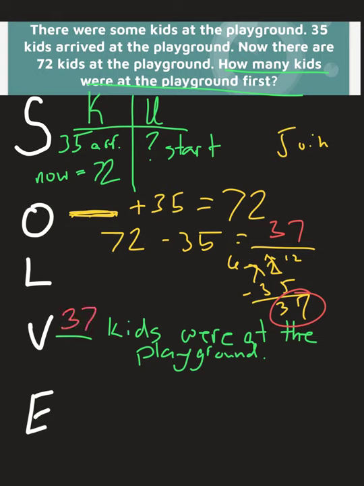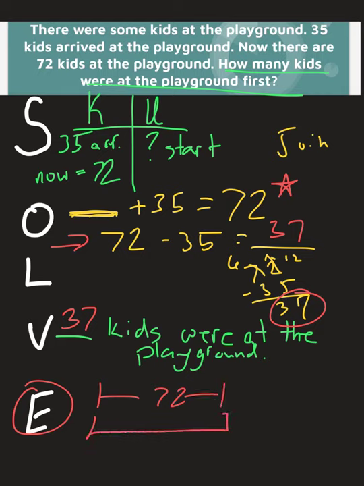Now I want to talk for just a second about our E for extend, because we haven't really gone into E for extend very much. So notice that we started with an equation that we could not solve. We used fact families, though, and the inverse operation to get us to an equation where we could solve it. Now our extend could be something like, oh, I know that I have a whole of 72, and there were some kids that were there.